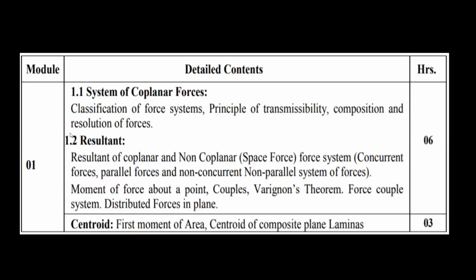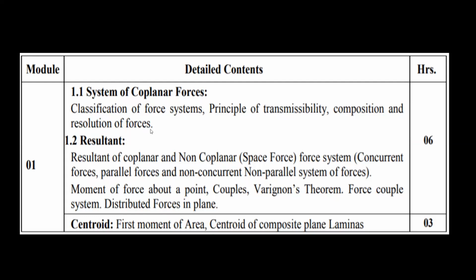Module 1 has 3 sections: section 1.1, section 1.2 and section 1.3. Sections 1.1 and 1.2 are about force and resultant calculation. In the provisional classes, we have seen the detailed classification of the force system, then the principle of transmissibility, composition, and the resolution of forces.